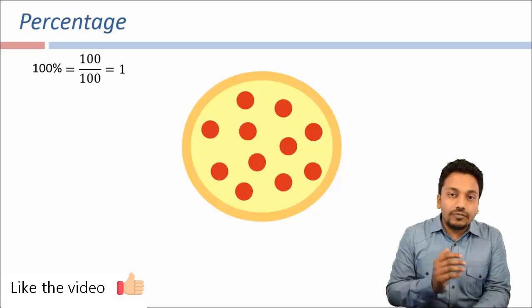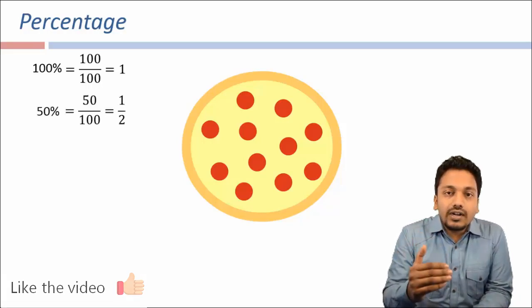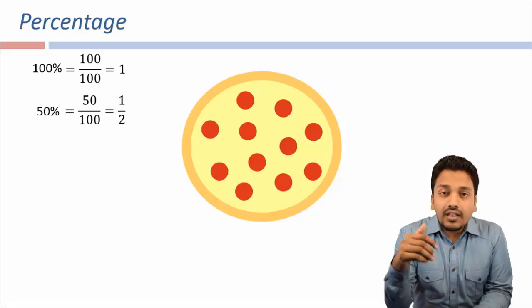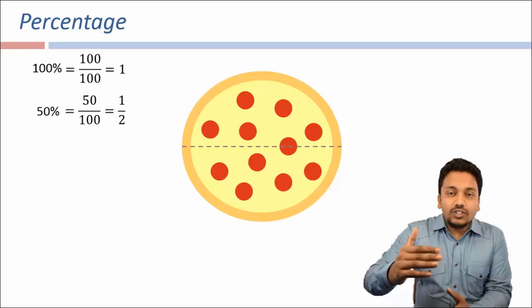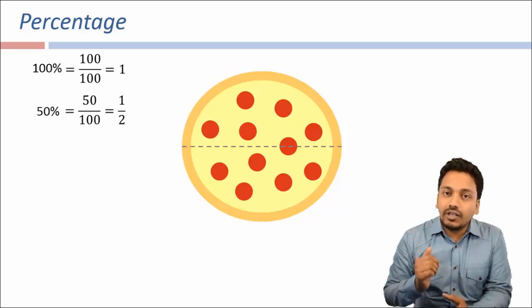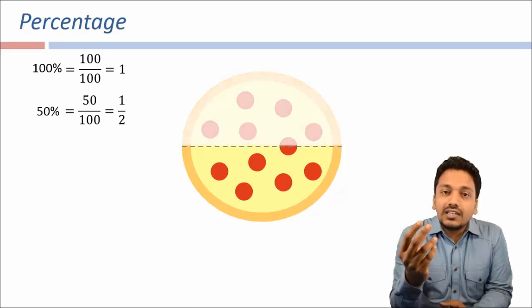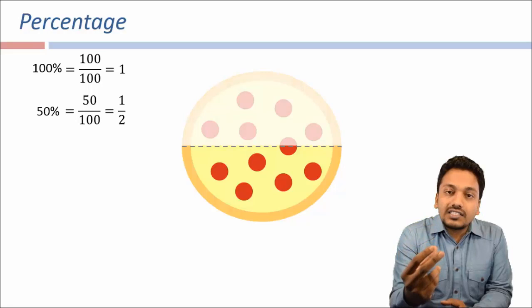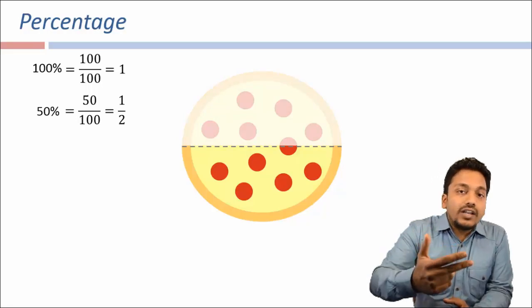If I talk about 50%, that would be 50 upon 100, that is 1 by 2. So if I cut this pizza into 2 equal parts, each part would represent 50%. If I take one slice, I have 1 slice out of 2 slices, hence the fraction 1 upon 2.